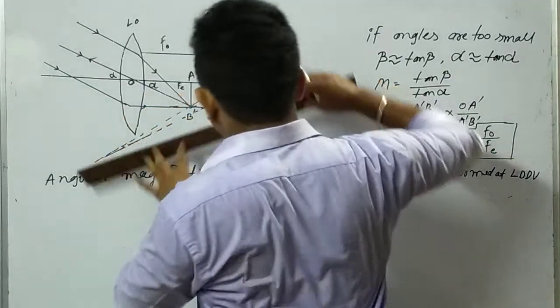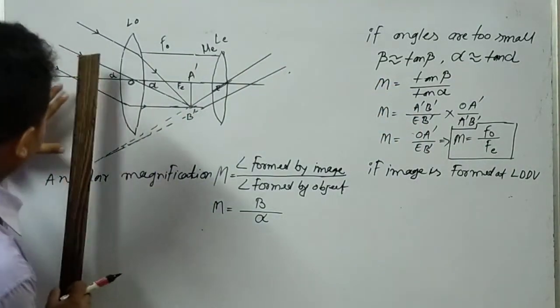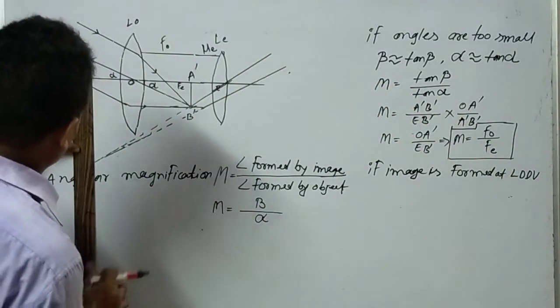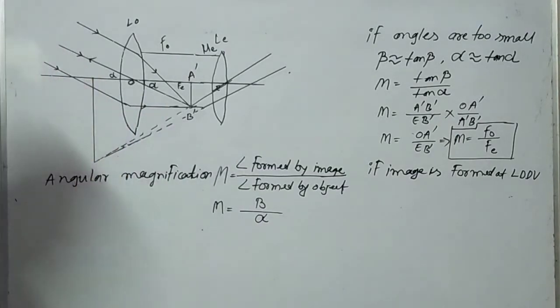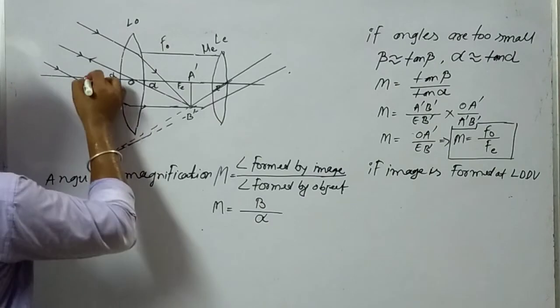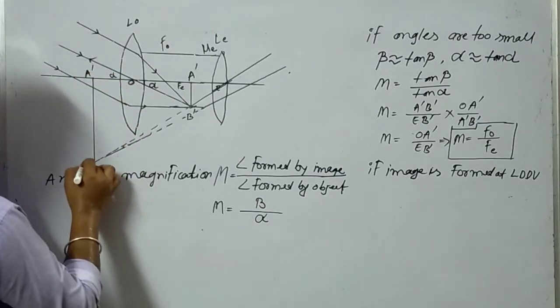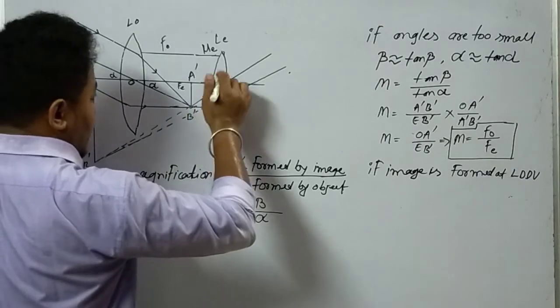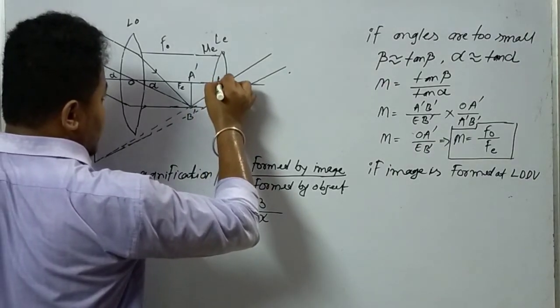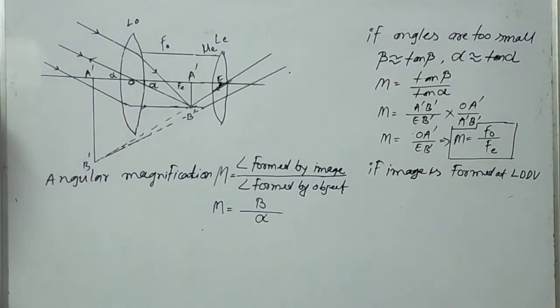Here they are meeting, suppose at this point, and the image is forming here, and this image will become A dash B dash. This is the optical center for the eyepiece lens. Remember, this is the optical center for the eyepiece lens.